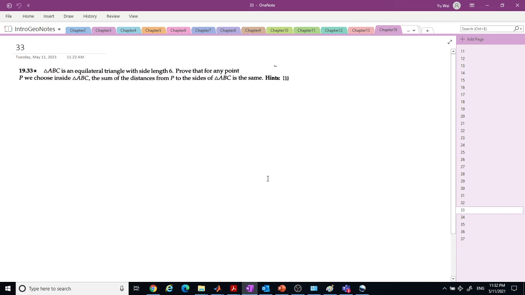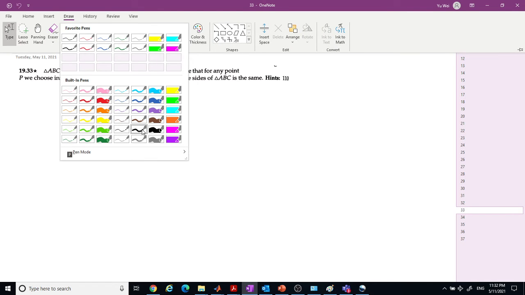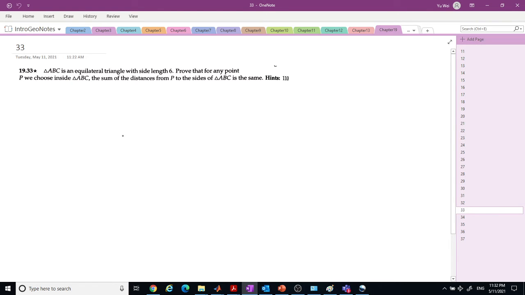So next, ABC is an equilateral triangle with side length 6.